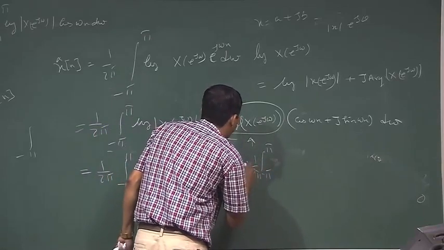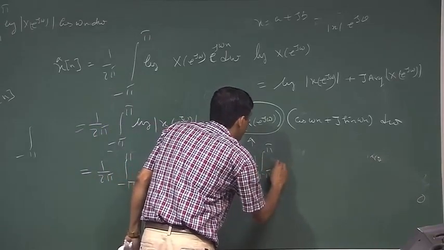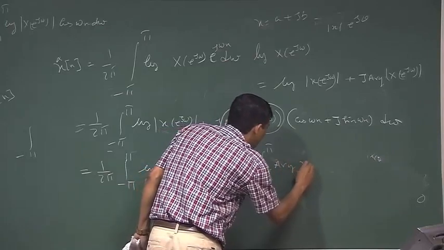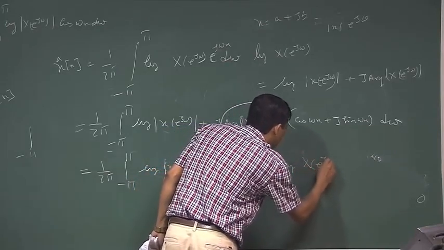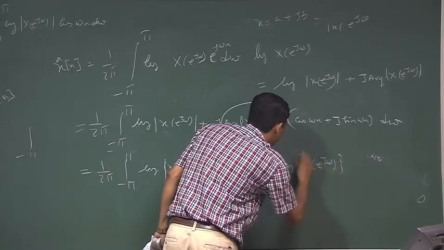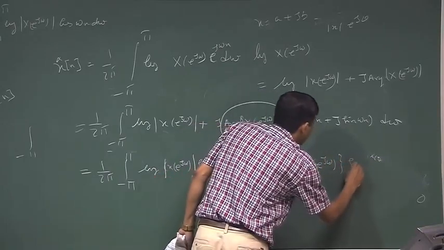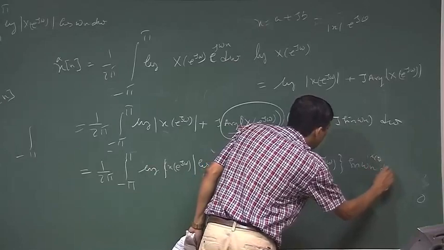So minus, I can say, arg of X(e to the power j omega) sin omega n d omega.